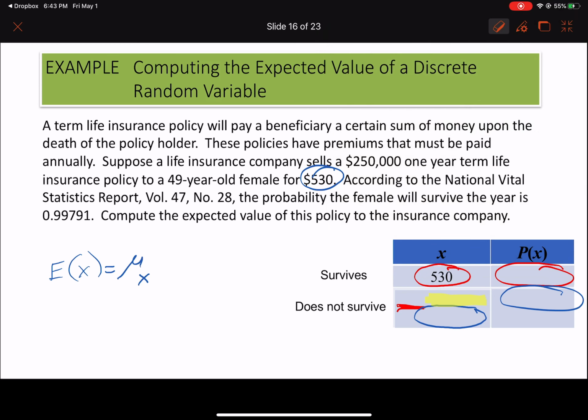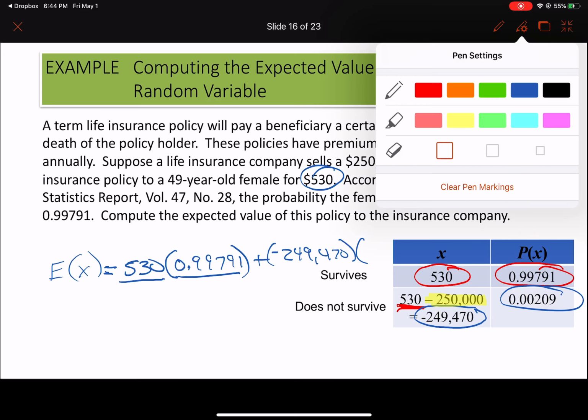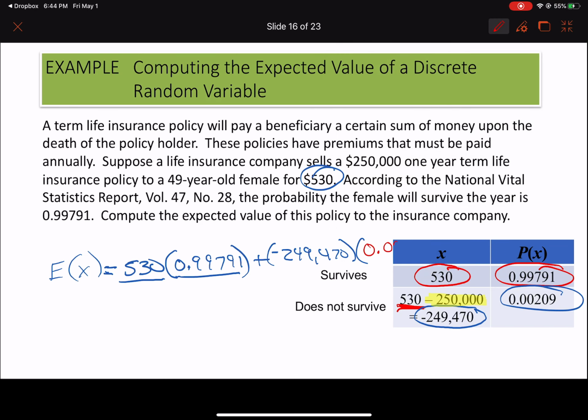So we take $530 times the probability they're going to make just that $530, plus negative $249,470 times that probability, which is 0.00209.